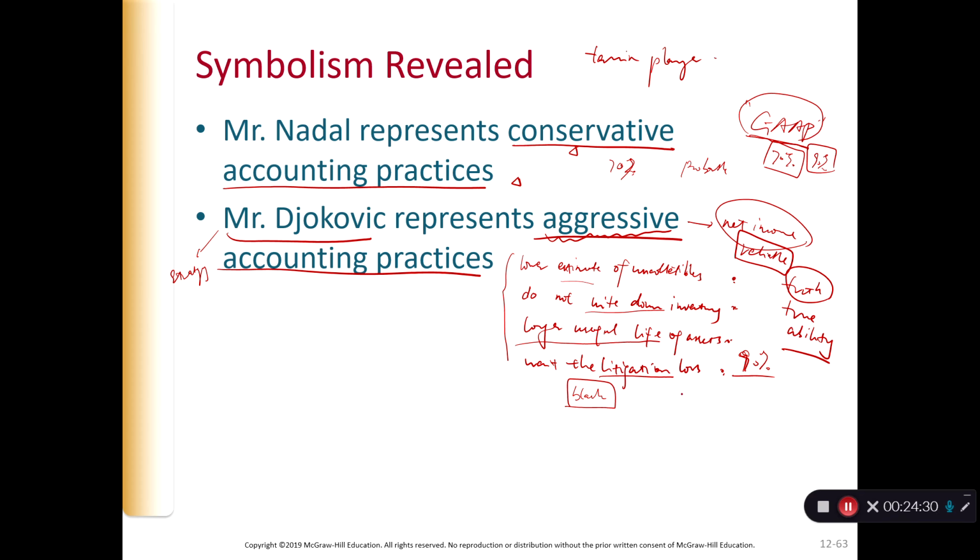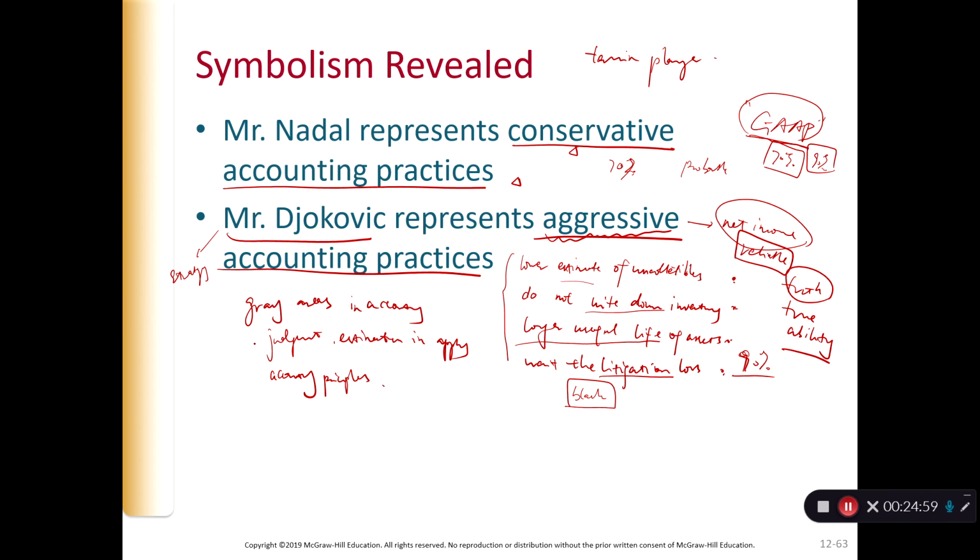So therefore, I wanted to convey a very important concept here in this lecture: there are actually many gray areas in accounting. It requires a lot of judgment and estimation in applying accounting principles.